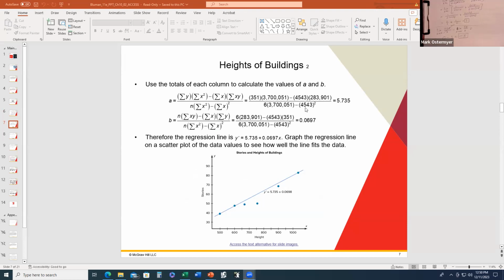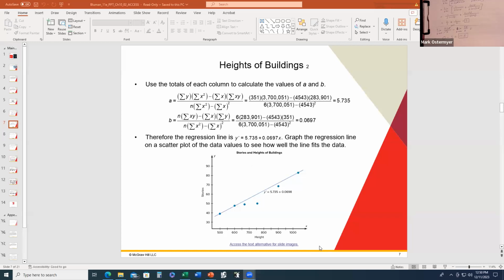So n is 6. Anyways, you get on your calculator and dial these up, and you will compute the y-intercept and the slope of this regression line. So it appears that the slope is 0.0897 and the y-intercept is about 5.375.